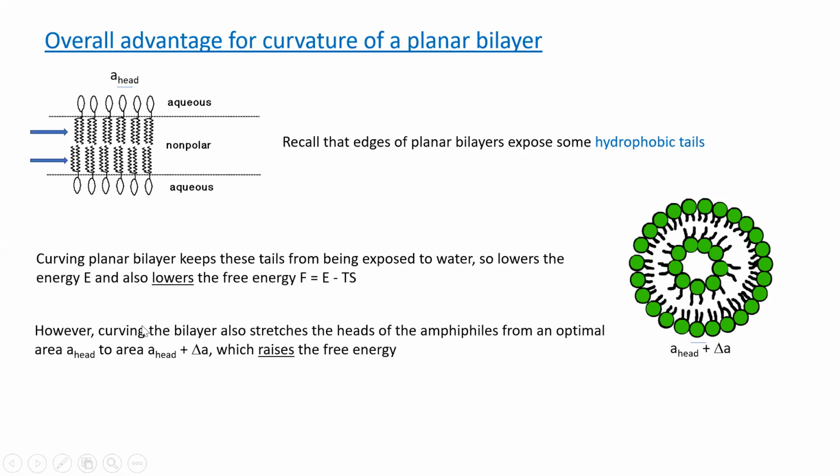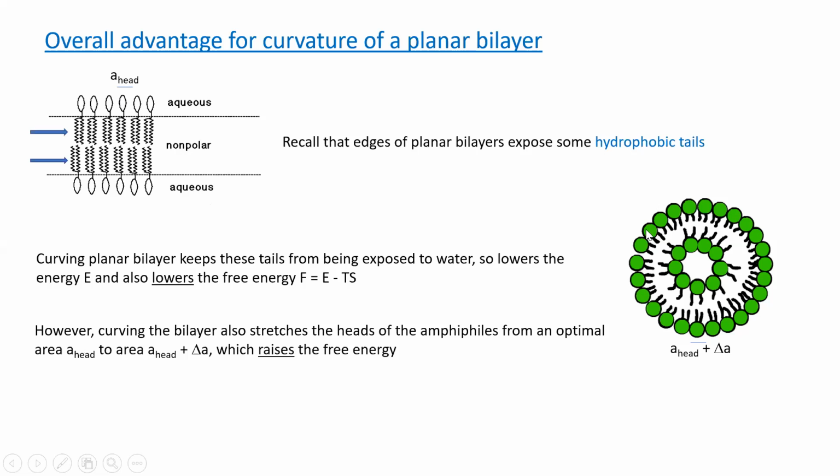However, curving the bilayer also stretches the heads of the amphiphiles from their optimal area as a head. In the purely planar bilayer, the amphiphile head structures are in their lowest free energy configuration.